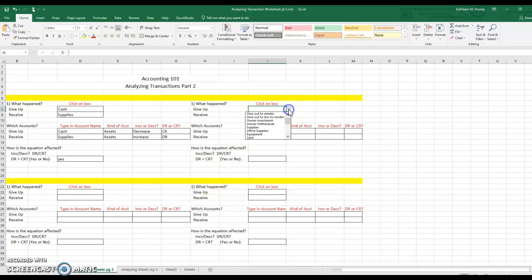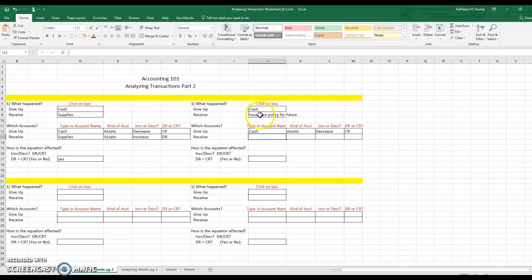So we're giving up cash and we're receiving a prepaid insurance policy for the future. Okay, so for cash, for the give up, we know that we're going to use the account called cash. We know that's an asset. We paid it out, so we have less cash, a decrease, and a decrease in an asset is a credit.